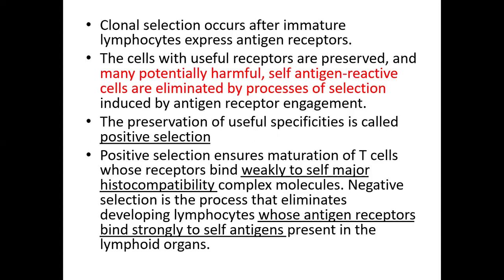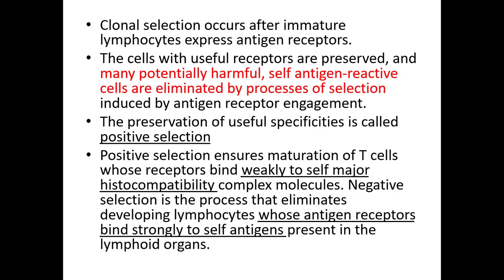So the main significance of the selection in the primary immune organs is destroying self-reacting lymphocytes, to kill all the cells which are autoreactive, which can react with the body's own antigens.